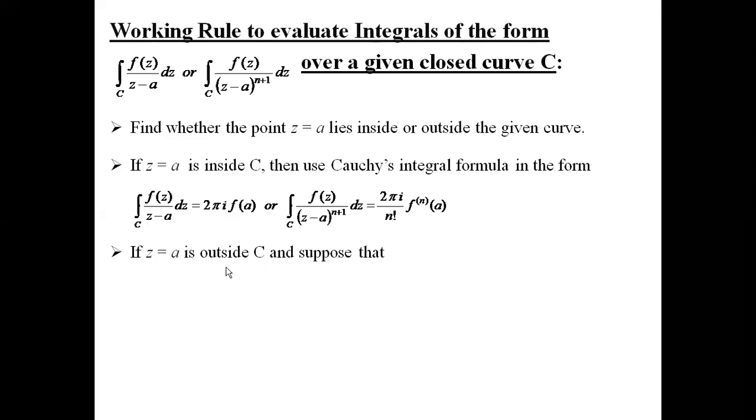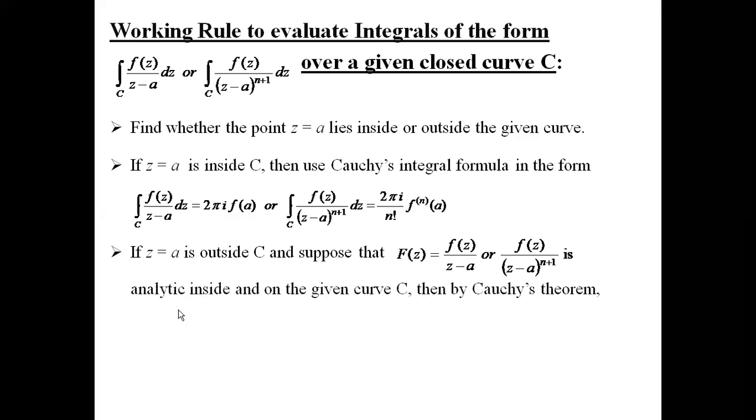Otherwise, if it is outside the closed curve C, and we assume capital F of z is equal to f of z by z minus a, or f of z by (z minus a) whole power n plus 1, and F of z is analytic inside and on the given curve C, then by Cauchy's theorem, we conclude that integral over C F of z dz is equal to 0.